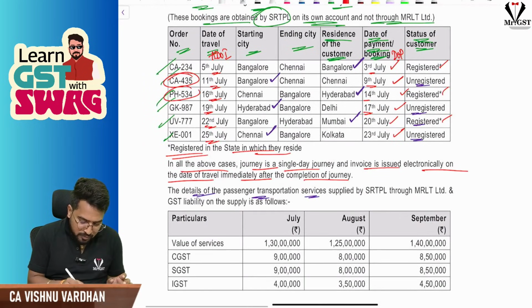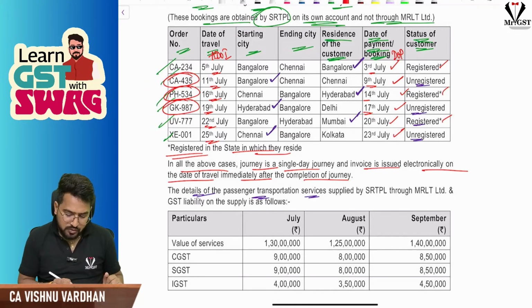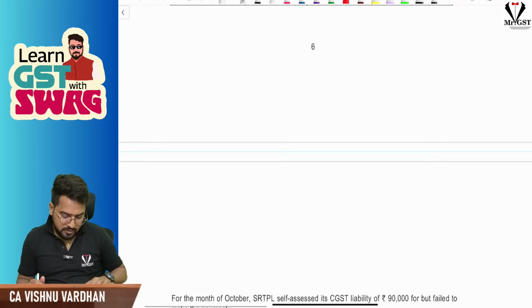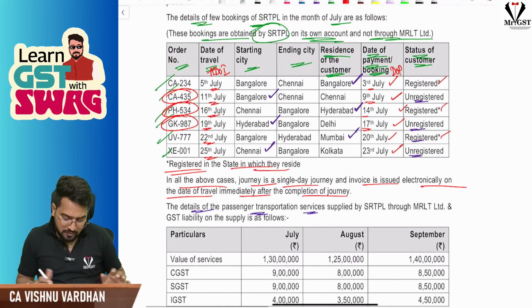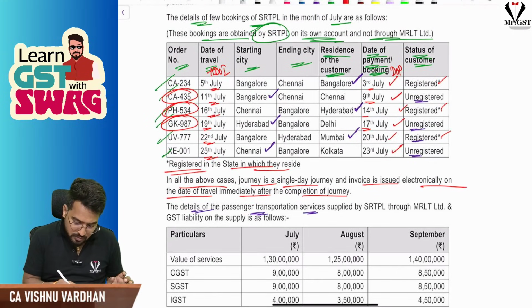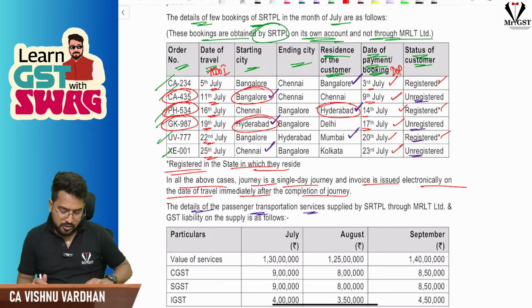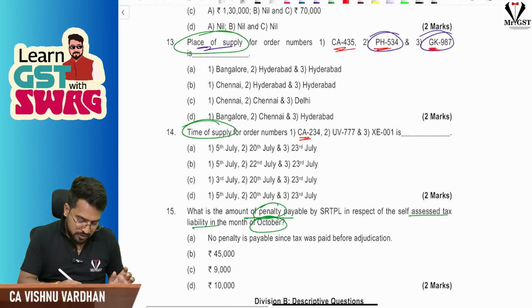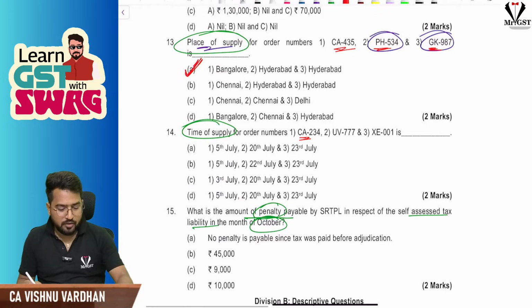For this we have to see place of supply, not time of supply. The place of supply will be Bangalore, Hyderabad, Hyderabad. So that is option A. Hope it is clear for you.